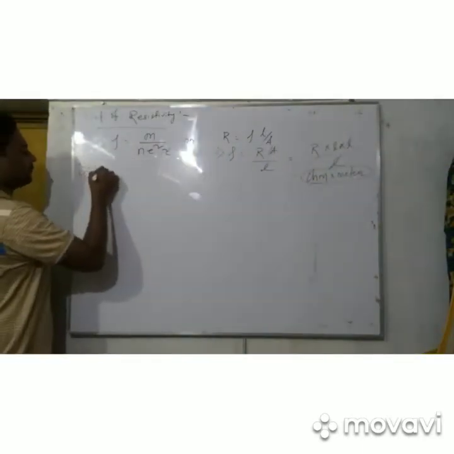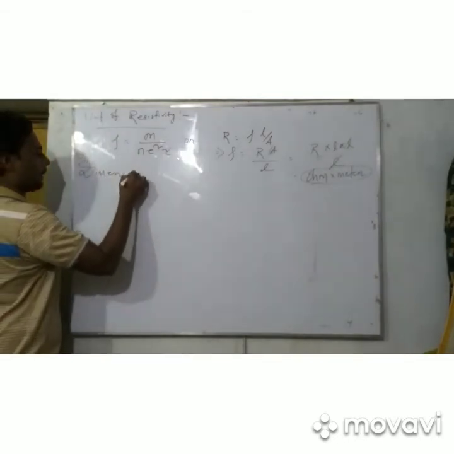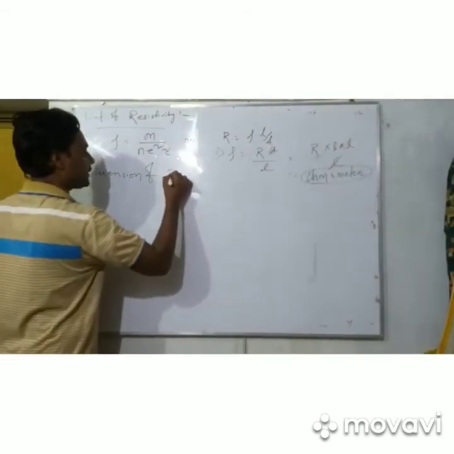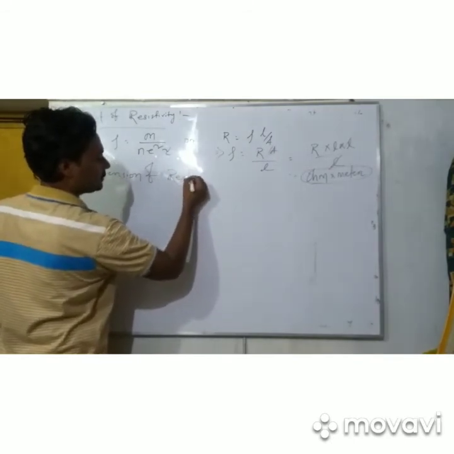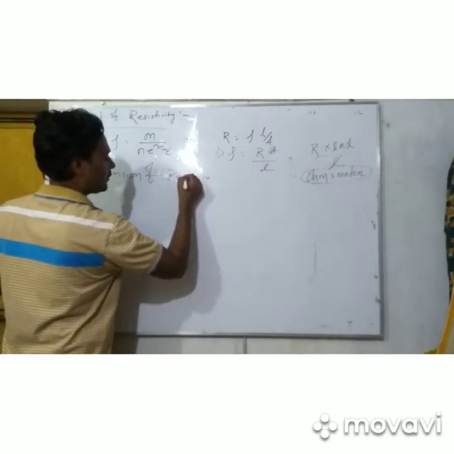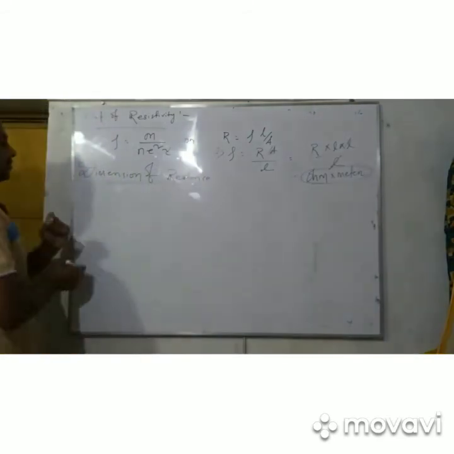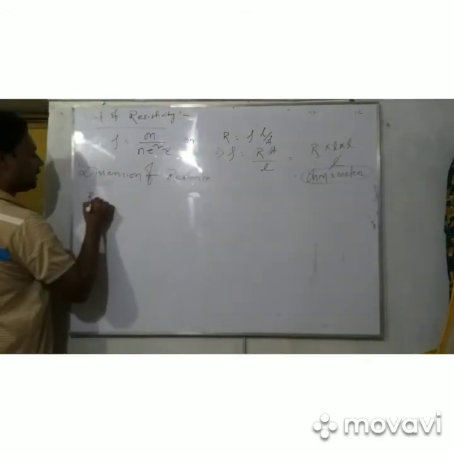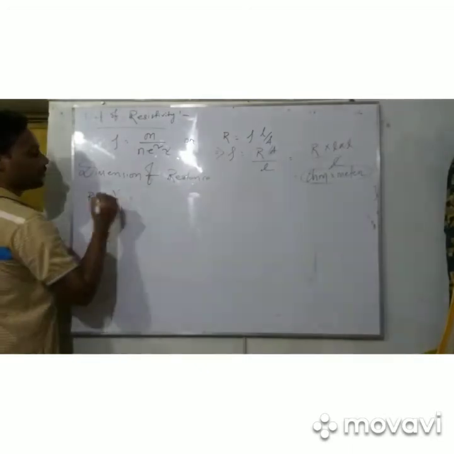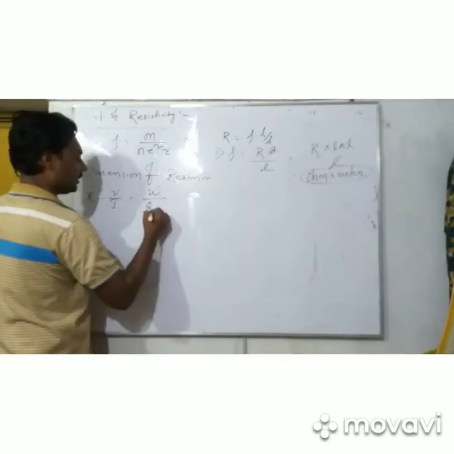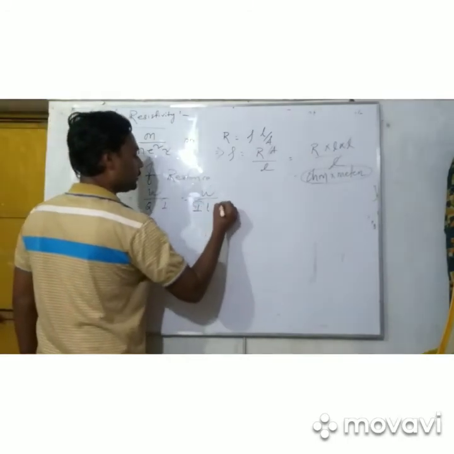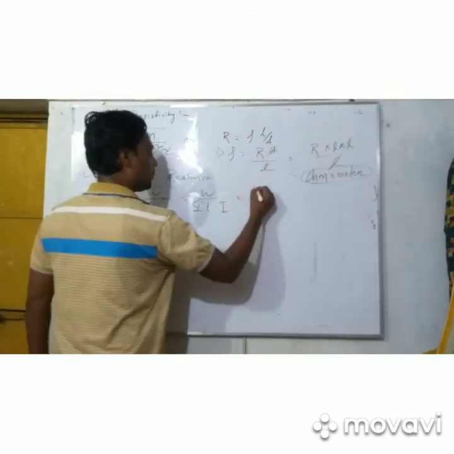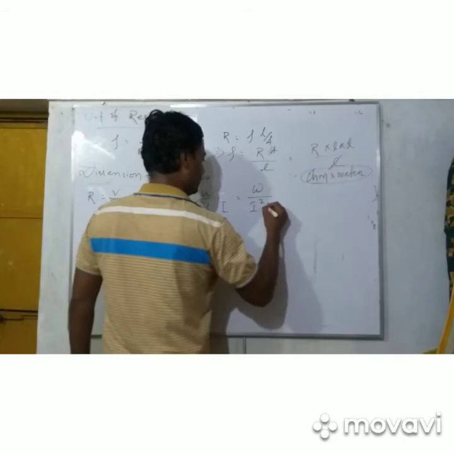Dimension of resistance. You know R = V / I. V means W by Q, so V / I = W / (Q I). Q means I T, so this is W / (I² T).